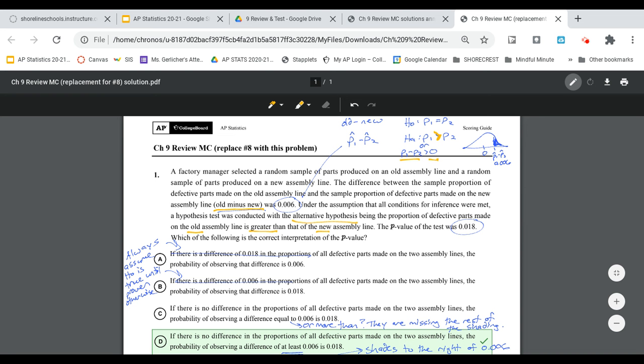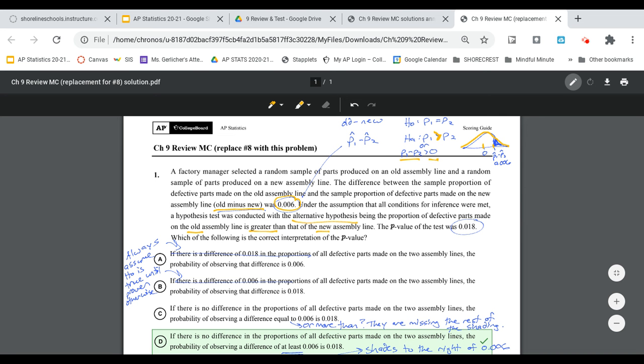Okay, so all that's kind of figured out. So now we have our normal distribution here. We know that the null value is 0 because if the H0 is true, our 2 proportions are equal. So the difference between them is 0. There is no difference, 0 difference between them. And our P1 hat minus P2 hat, our sample difference was 0.06, a positive number.